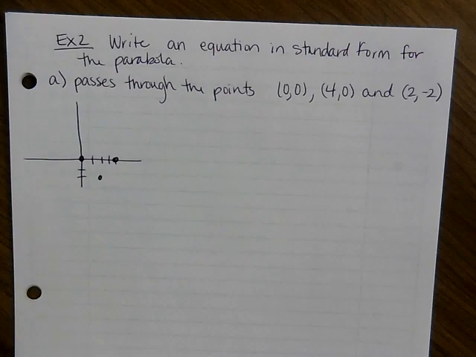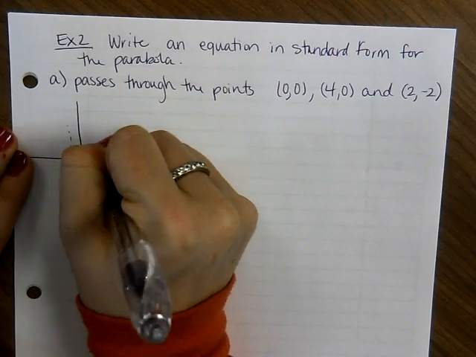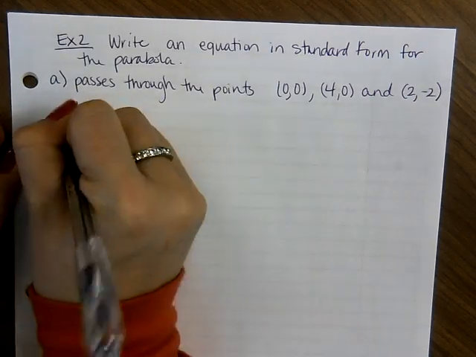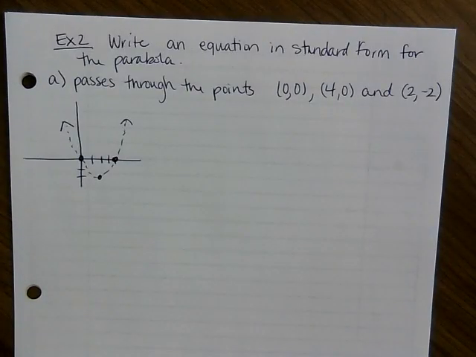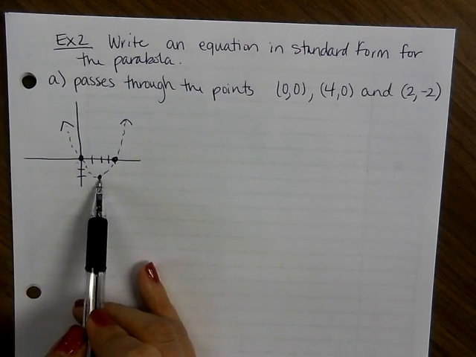Think about what we've been given here. Can you see? This is the parabola we have. What are these points 0, 0, and 4, 0? The x-intercepts. What is this point?